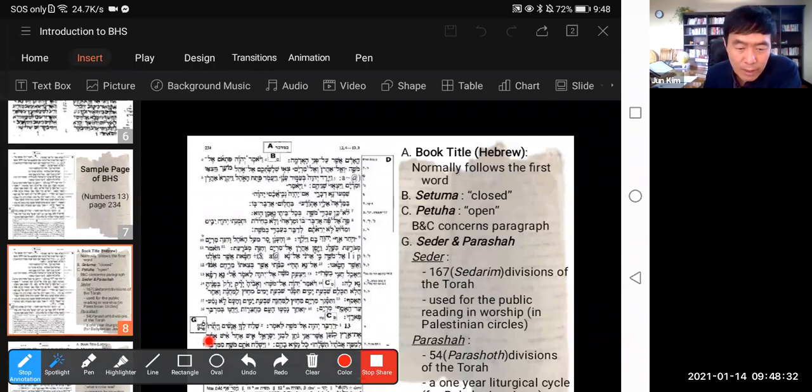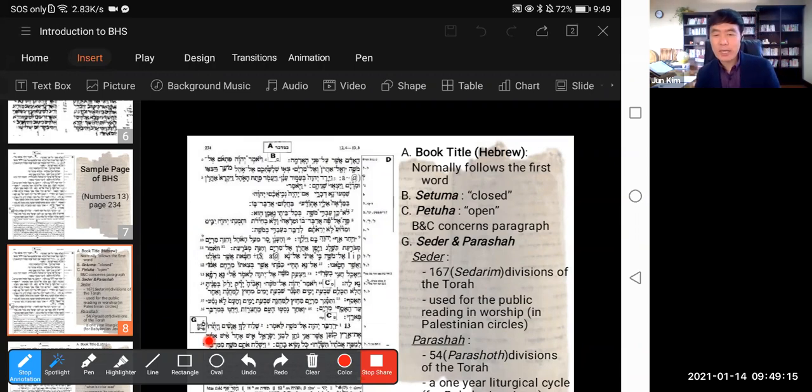Okay, and let's talk about G. If you go to G, you have two signs there, one Samek and one Pe. Seder and Parasha are technical terms referring to the division of the Torah. As you know, the Torah was divided by the Hebrew people. Whenever they celebrate their Jewish feasts, people read the Bible, and they needed to divide the Torah according to the cycle.